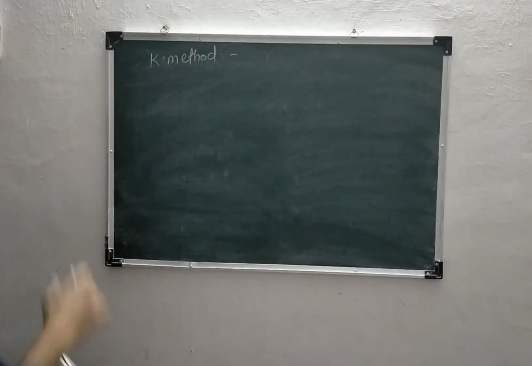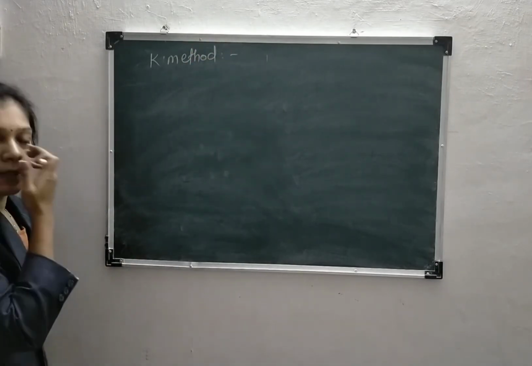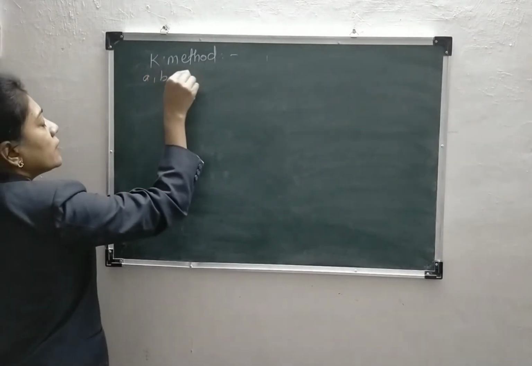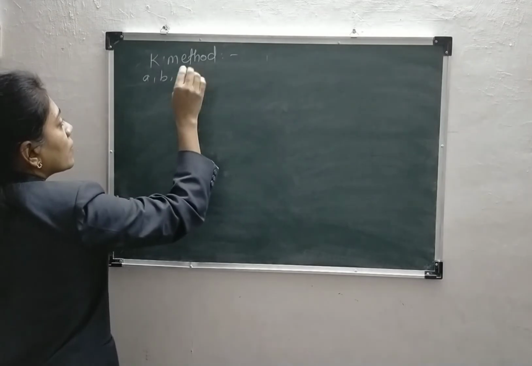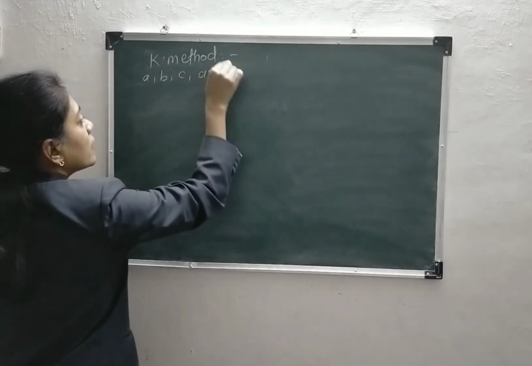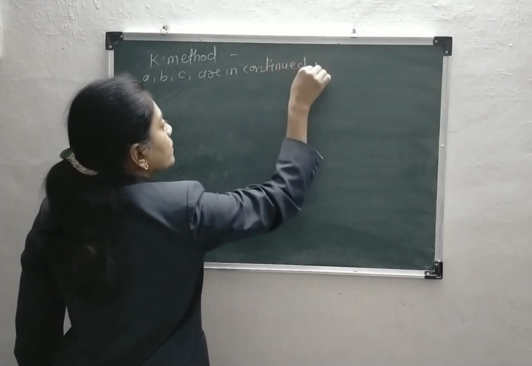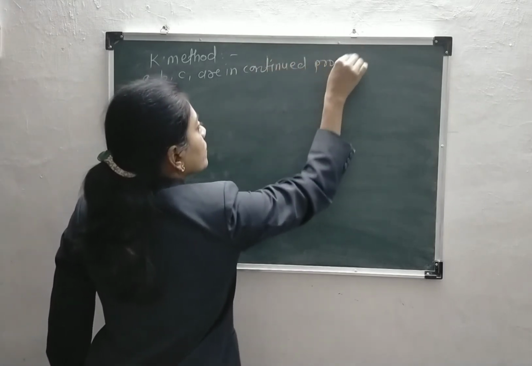K method means suppose A, B, C and D are in continued proportion.